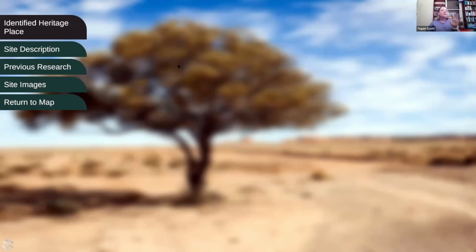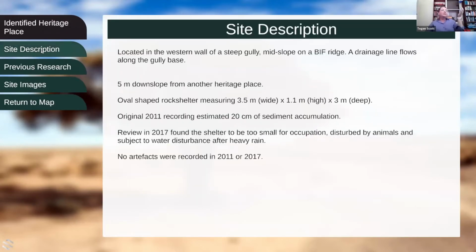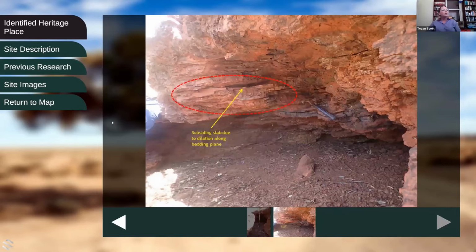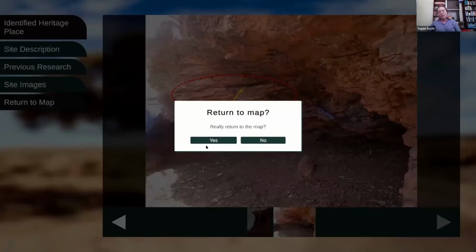So in this screen, we'll often build in things like drone footage or flyovers using LiDAR and GIS. We'll provide a site description, an overview of previous research to date, images of the place, and then a return to map.